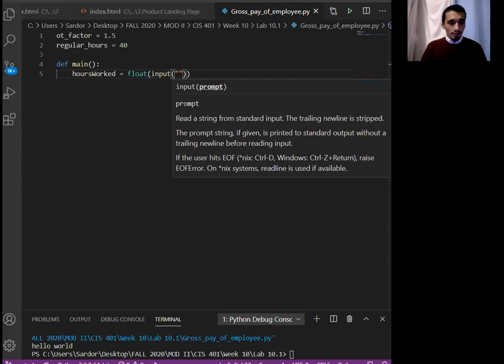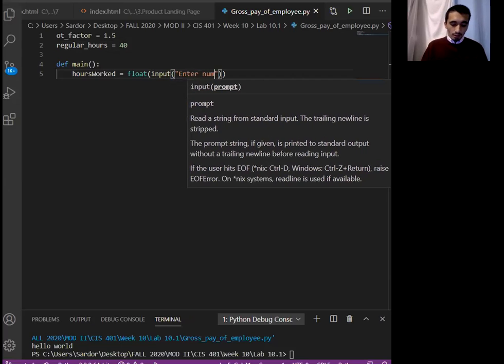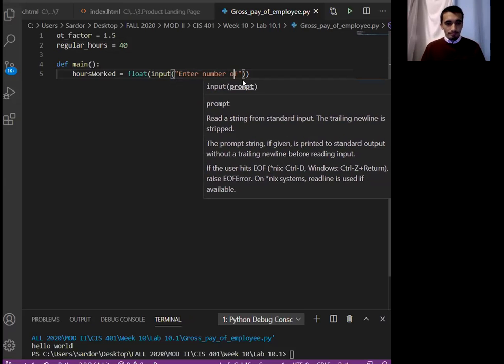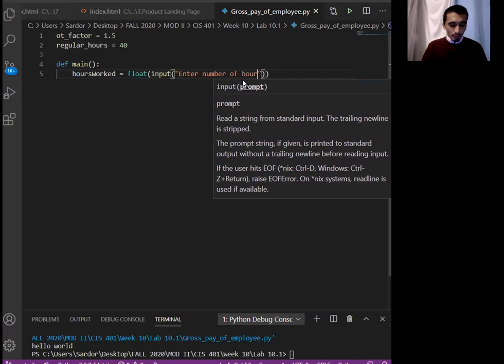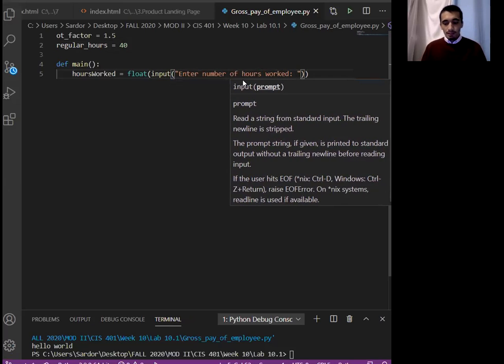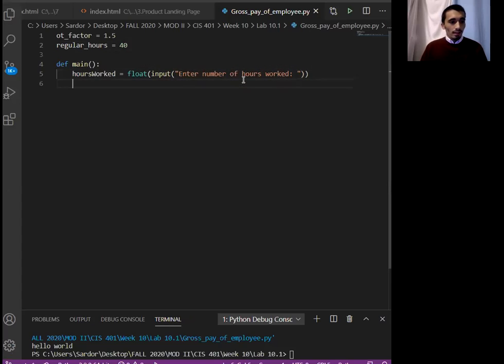And give a string that will print out the text: enter number of hours worked. And so that's what we did. Hours worked.